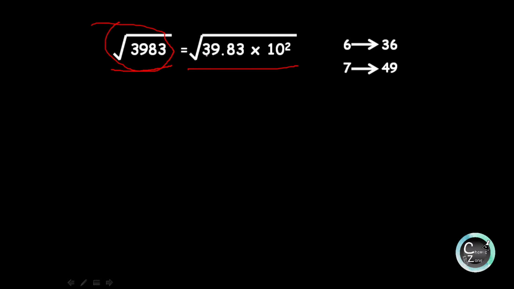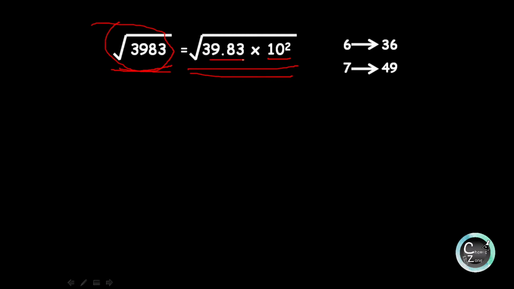If we multiply 39.83 with 10 to the power 2, that is 100, we will get 3983. So we can write this one as this one. Now the square root of 10 to the power 2 is 10. We know that. Now we have to calculate the square root of 39.83.